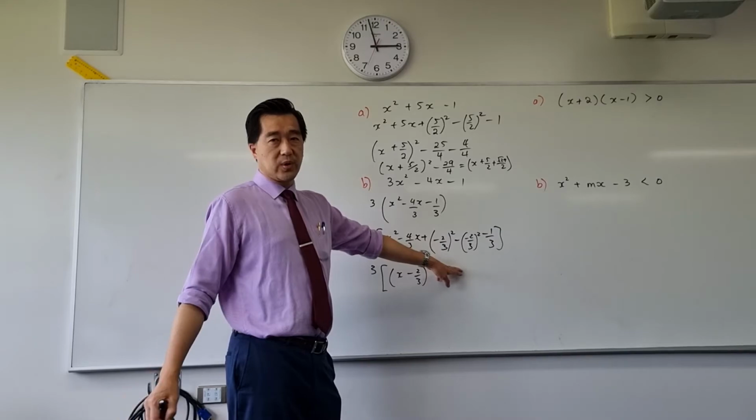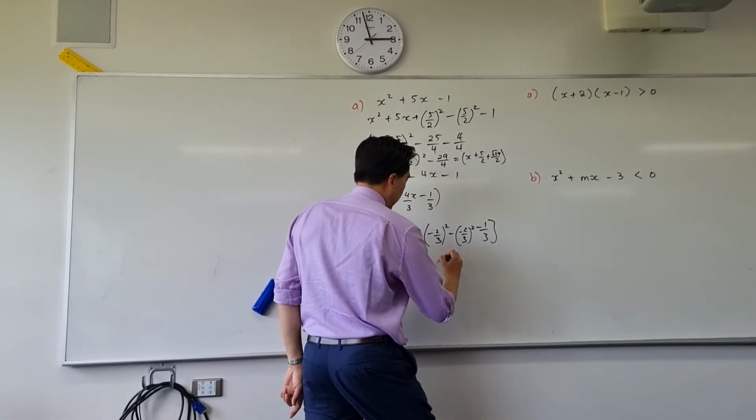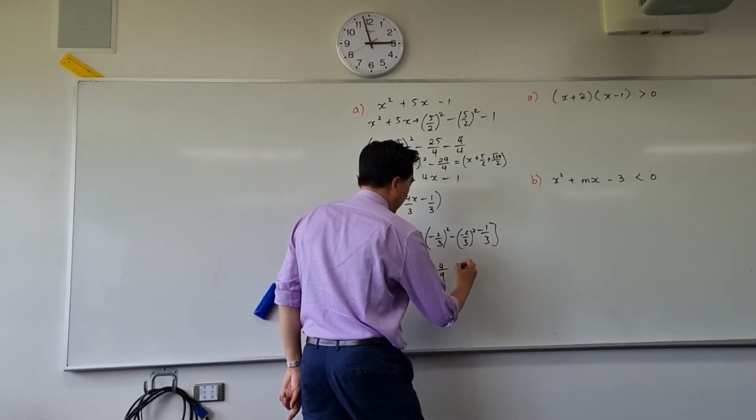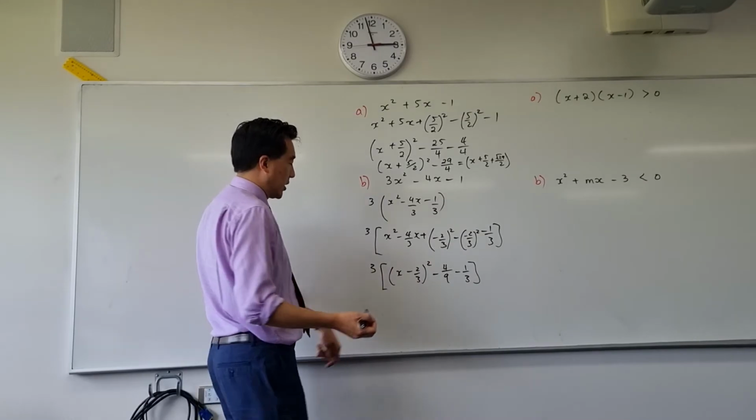Evaluate this one. When you square the negative, it becomes positive, but then you apply the negative, so it's still negative. 4 over 9 minus... Combine the last two terms together.